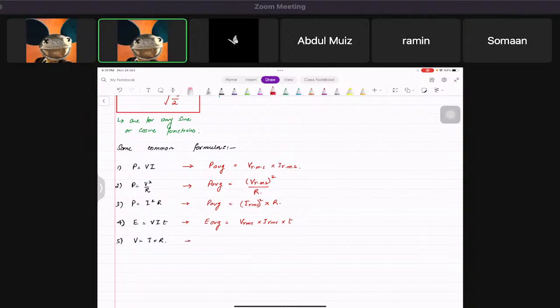And for this one, V RMS and I RMS times R. So basically what you need to understand is that whenever we're finding the average of power or energy, we are going to use the RMS values, not the regular ones. Understood? If you have any questions, let me know here. Then we have a small derivation that we want to do, and from that we're going to learn a lot of things.